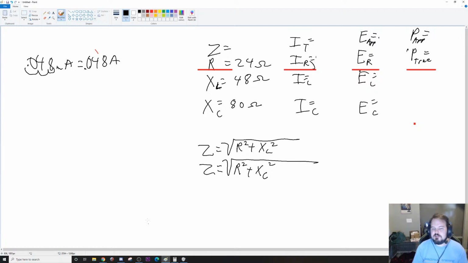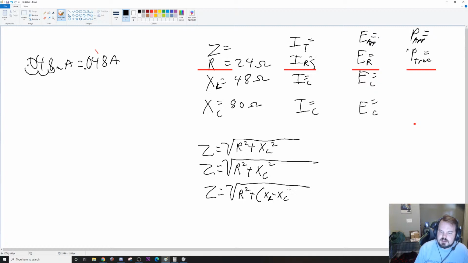When you have both of them, it's Z equals the square root of R squared plus XL minus XC, squared. They cancel each other out, and you have to subtract them before you can do anything.